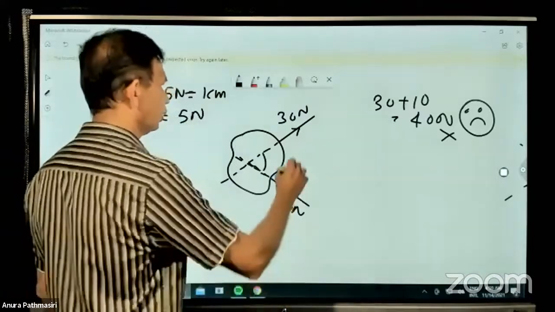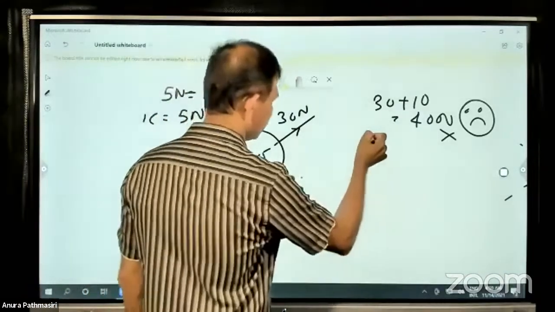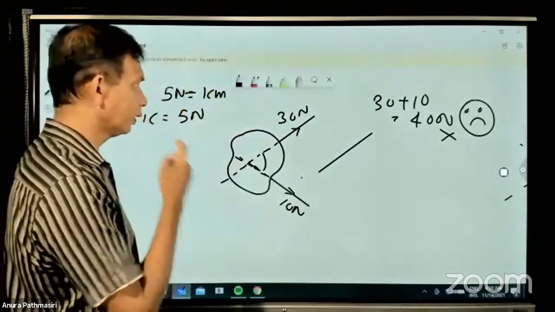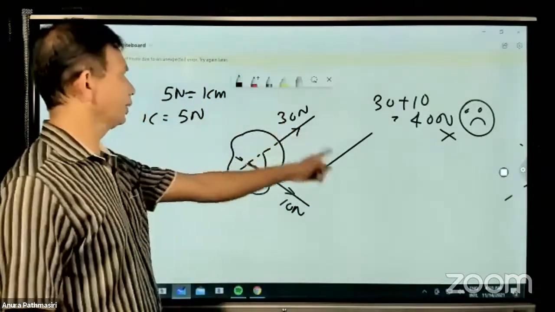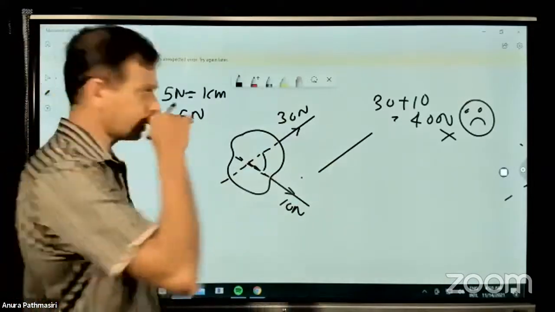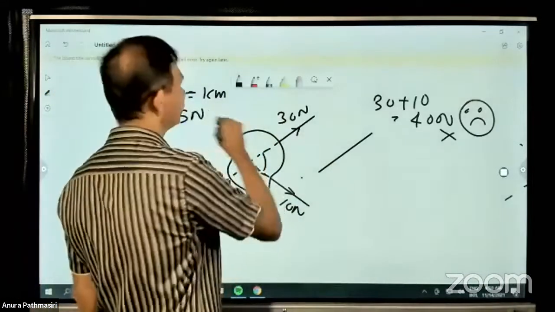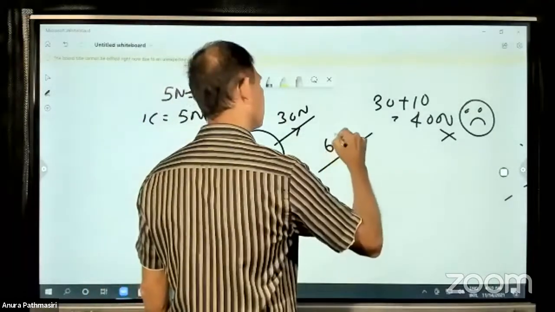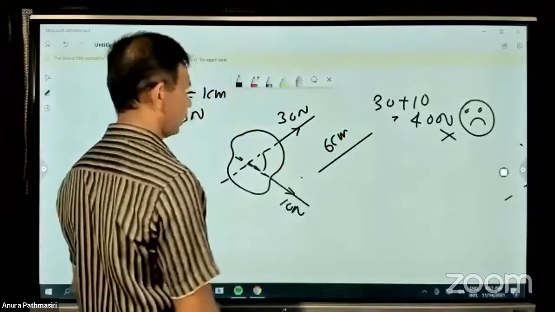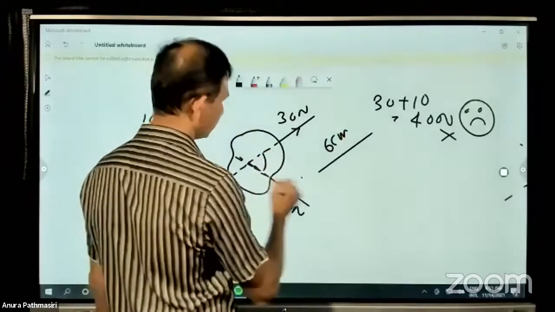Then you have to draw a line with how many centimeters? 6 centimeters, if I'm correct. Draw a 6 centimeter line and get the angle here.